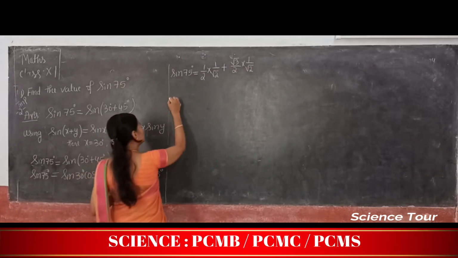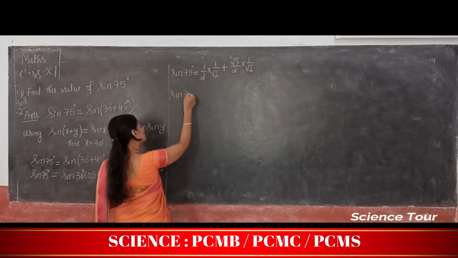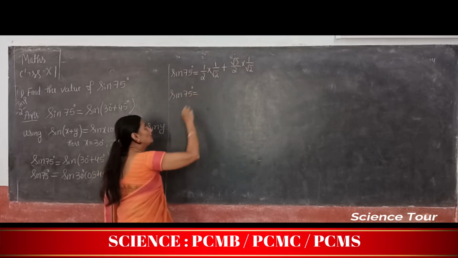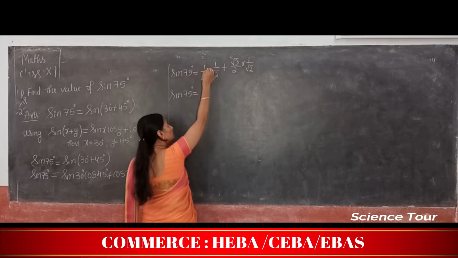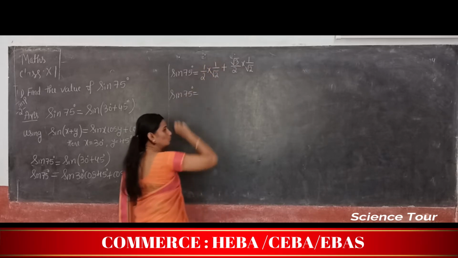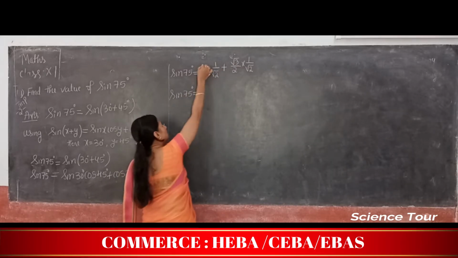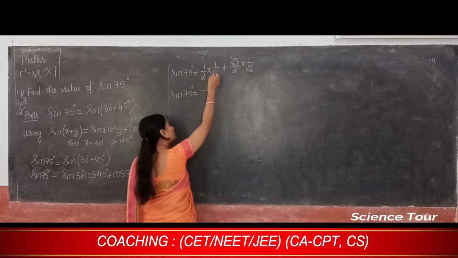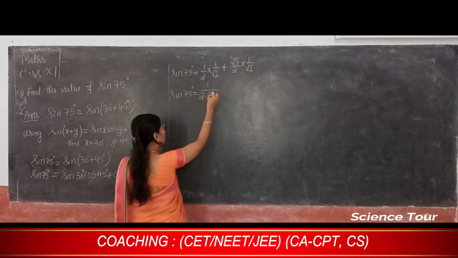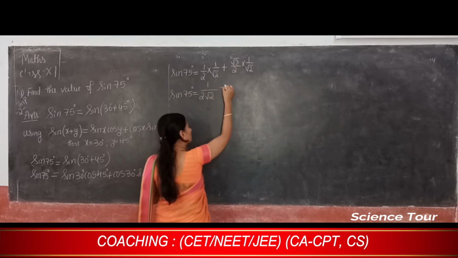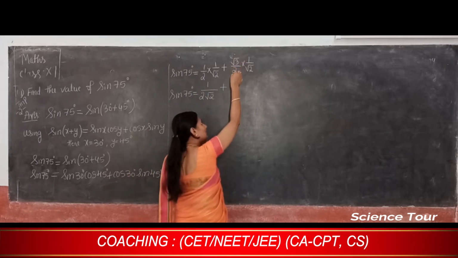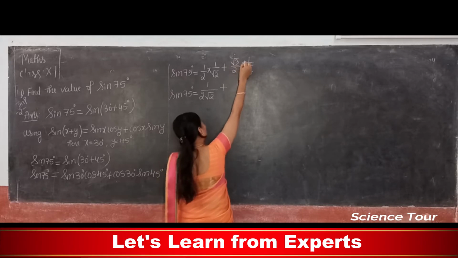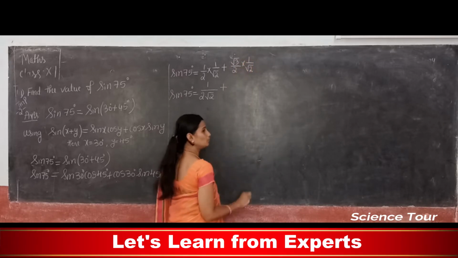Yes. Now, sin 75 degree is equal to 1 by 2 into 1 by root 2. What is your answer? 1 into 1 is 1, divided by 2 into root 2, which is 2 root 2. Right? Plus root 3 divided by 2 into 1 divided by root 2.